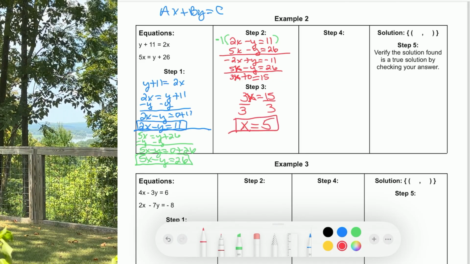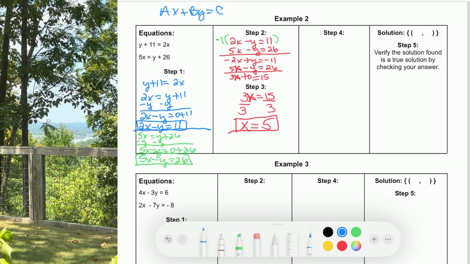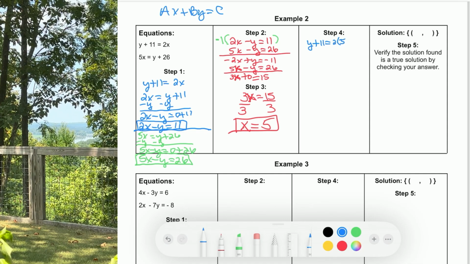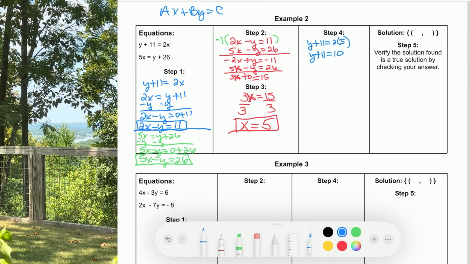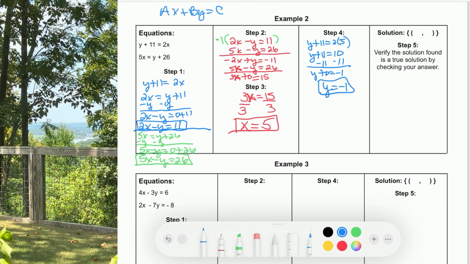Now we're going to take that and plug it into one of our original equations. I'm going to pick the top one. y plus 11 equals 2 times 5. So y plus 11 equals 10. Subtract the 11 from both sides. y plus 0 equals negative 1. So y equals negative 1.